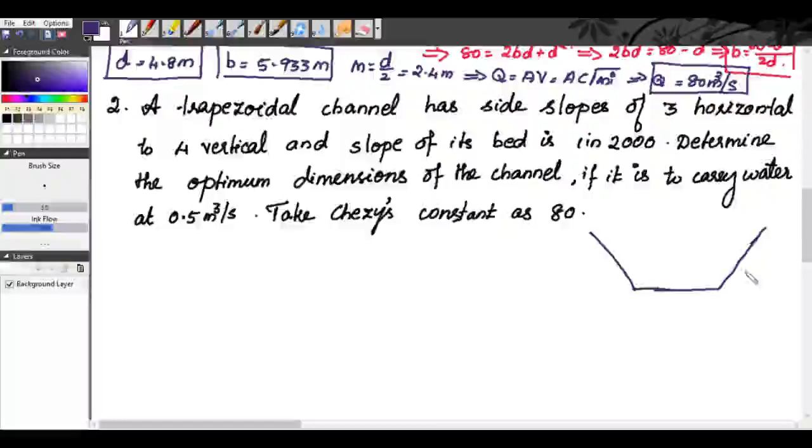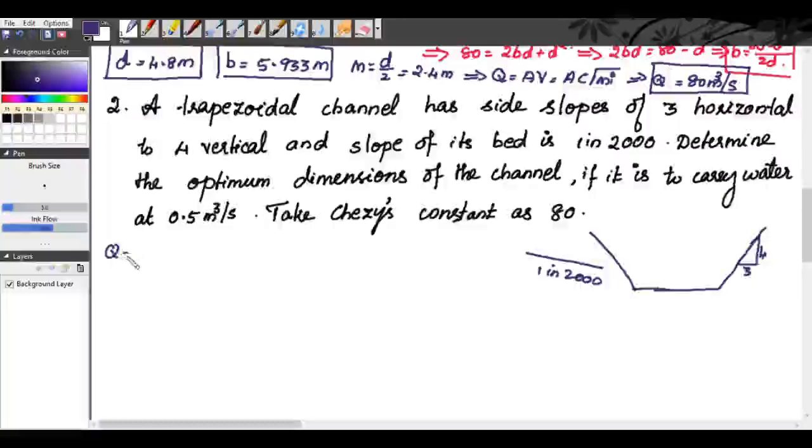So the side slope is 3 horizontal and 4 vertical. And the slope of the bed is 1 in 2000. Determine the optimum dimensions of the channel if it is to carry water at 0.5 meter cube per second.